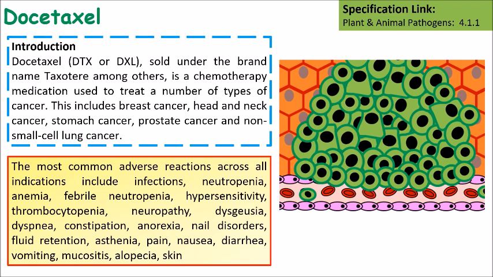It can cause nausea, it can cause anorexia, there can be nail disorders, fluid retention, vomiting. There's a wide range of side effects that can happen. So if somebody was taking this drug, you need to weigh up the benefits against the range of side effects.